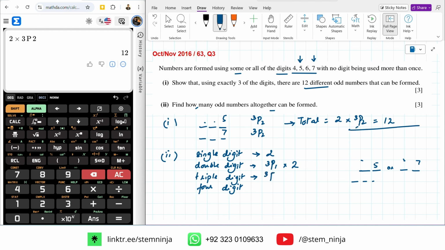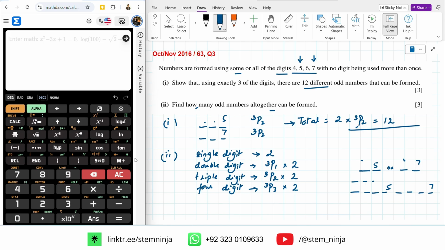So 3P2 times by 2. 4-digit number, again, we have number ending with 5 or a 7. So then we would have just 3 things. 3P3 times by 2.